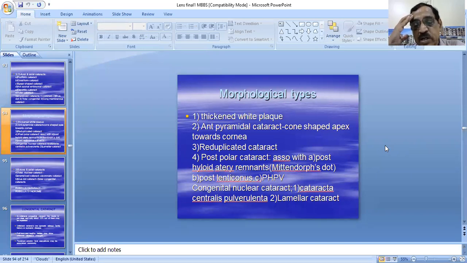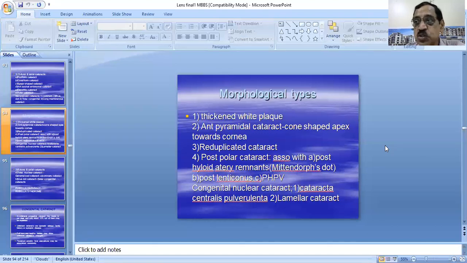Reduplicated cataract is another thing. When there is an anterior thickened white plaque, the lens fibers beneath this plaque can also get opacified.